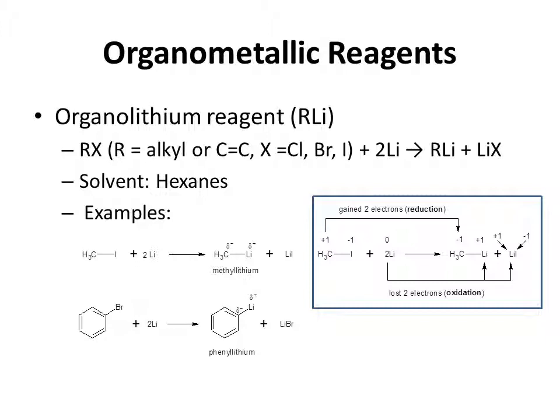As with the formation of the Grignard reagent, the formation of an organolithium reagent involves an oxidation reduction. The methyl group in methyl iodide has a +1 oxidation state on carbon that gains 2 electrons from lithium to form a negatively charged carbon in methyl lithium. So that has a -1 oxidation state.